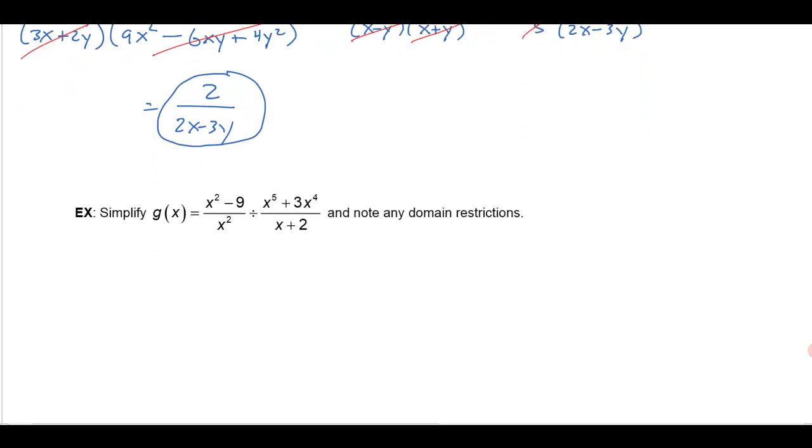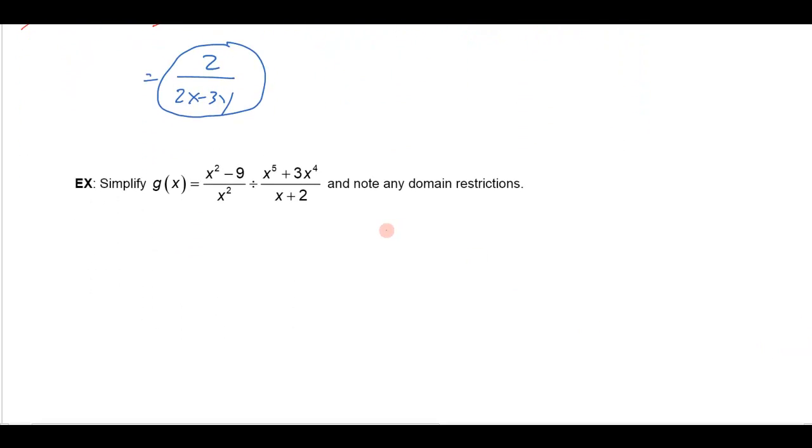One last problem here, illustrating how to simplify a quotient of polynomials. So here's my function g of x. I'm going to go ahead and factor the x squared minus 9 as the difference of squares. I'm going to invert and multiply, so I'll have x plus 2 on top.